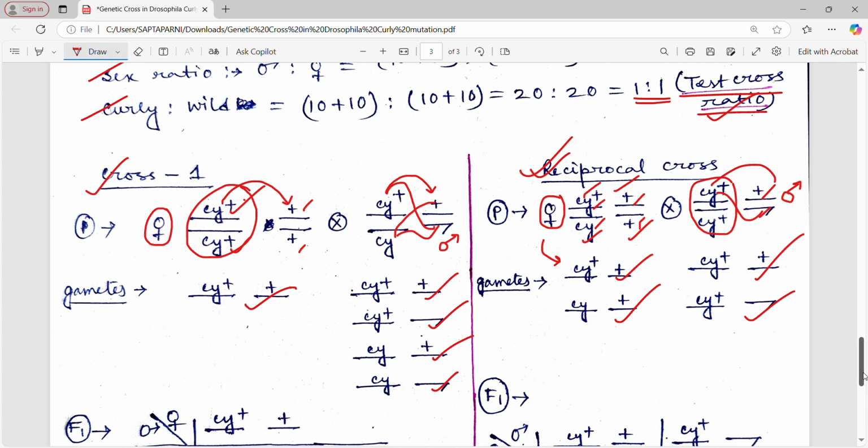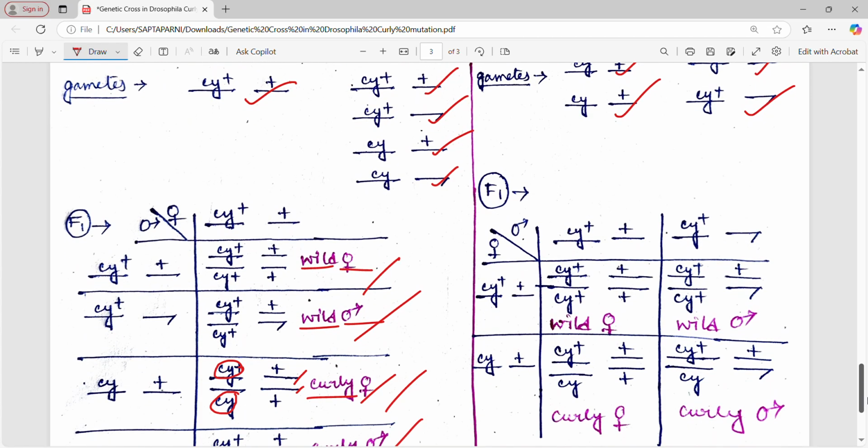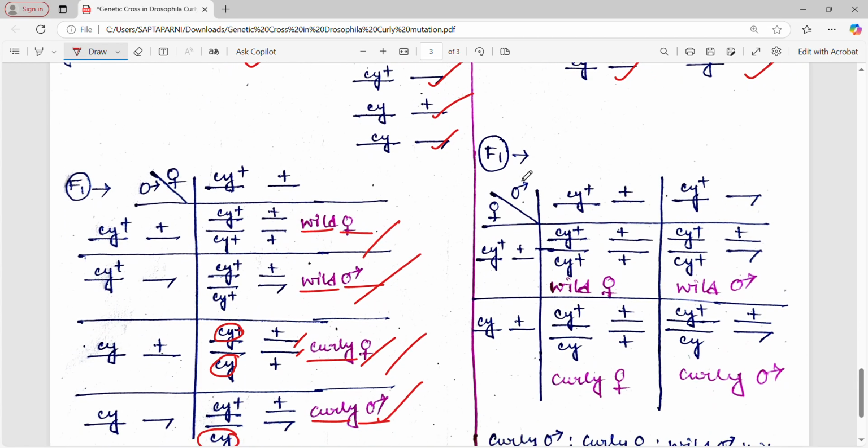So when we do the cross here, putting male gametes on the upside and female gametes on the lateral side, we will get Cy+/Cy+, as both the autosomes are carrying recessive alleles, so it will be wild type female. Then Cy+ with X and Y, so it is a male, and as both the autosomes are carrying Cy+ alleles, it would show wild type phenotype.